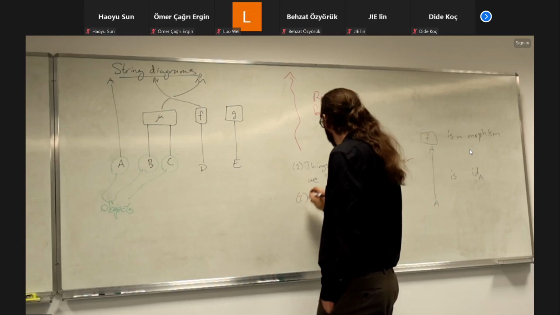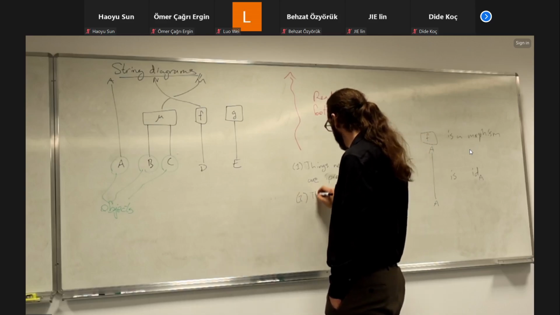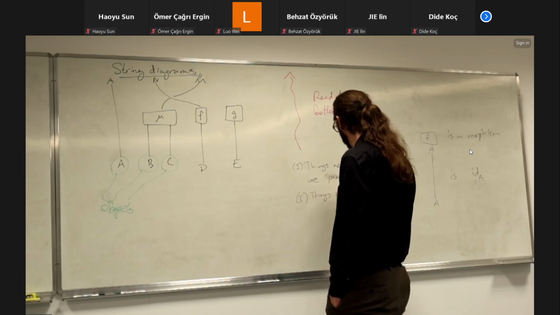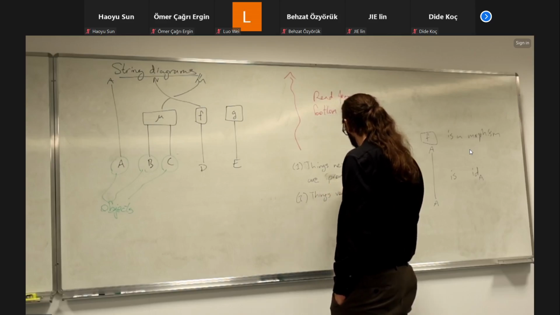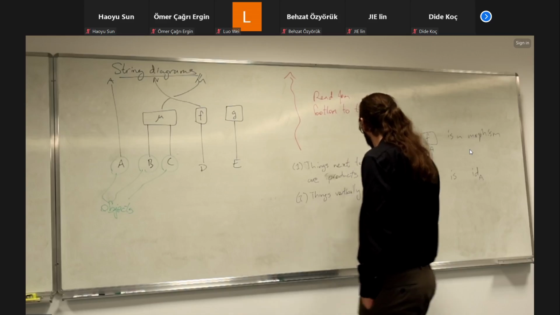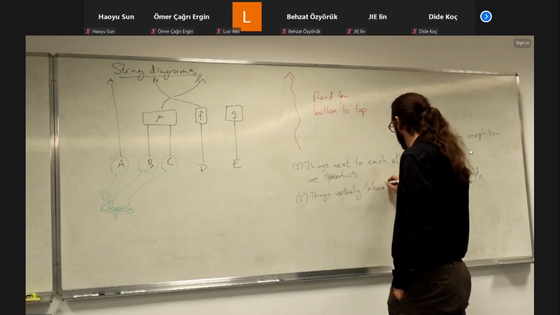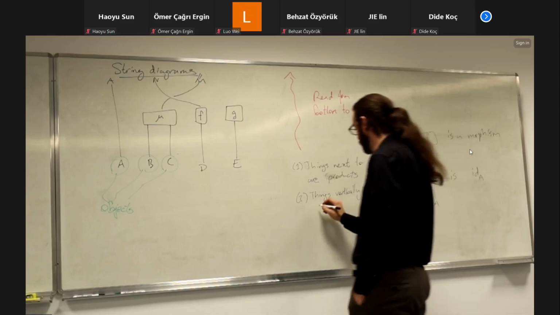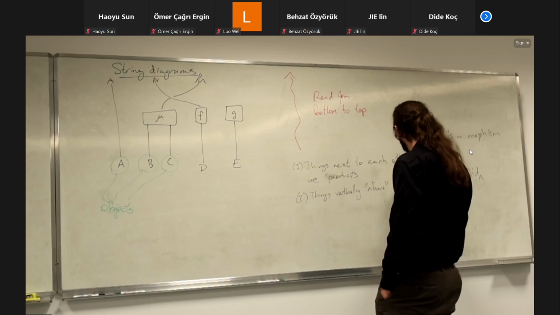And second, things vertically above each other are compositions.